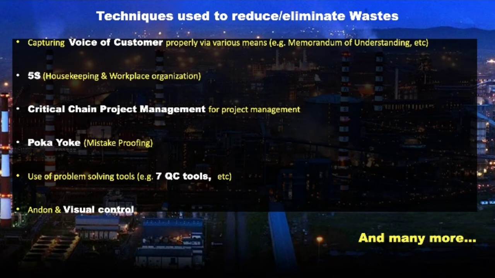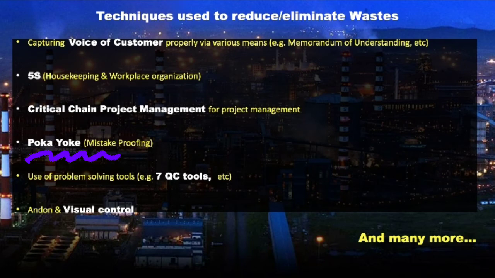Many problems or waste, like unnecessary motion, can be solved by simply following the 5S techniques. In a work area, it is important to identify the critical processes of your system. Waste like waiting time can be reduced by following critical chain project management or CCPM at your workplace. Poka-yoke can also help in elimination of various waste.